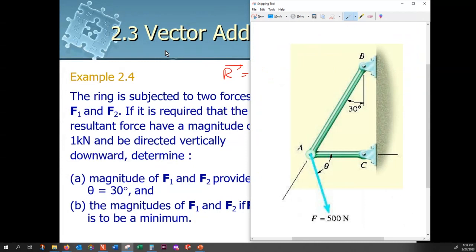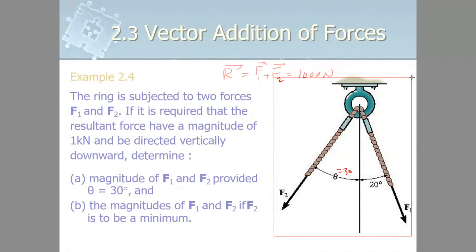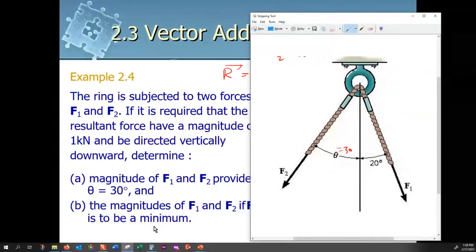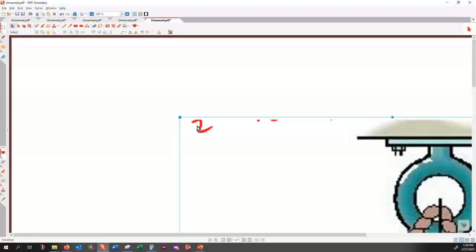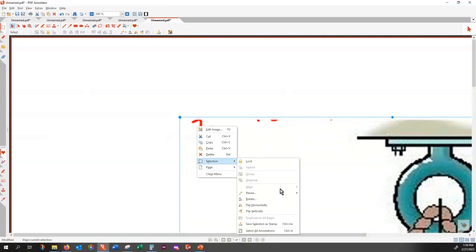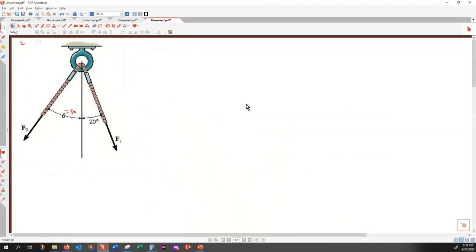In this case, we have to start from the resultant. So let me construct the triangle by the known value. The only known value is the resultant, which is vertical. So I start from an arbitrary point here, and then I draw 1000 vertically down.